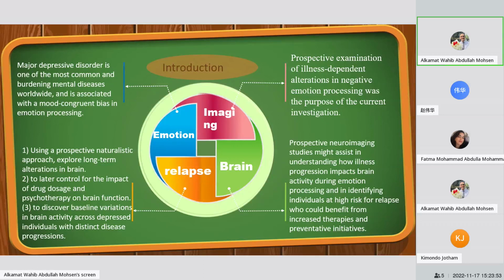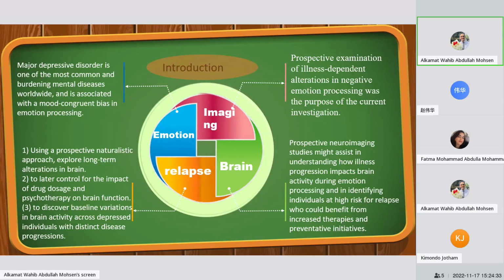The prospective examination of illness-dependent alteration of negative emotion processing was the purpose of the current investigation. The prospective neural imaging study aims to understand how illness progression impacts the brain activity during the emotion processing, and identify the individuals at high risk of relapse who could benefit from increased relapse prevention.